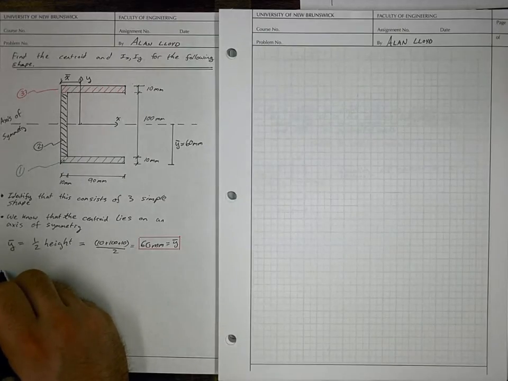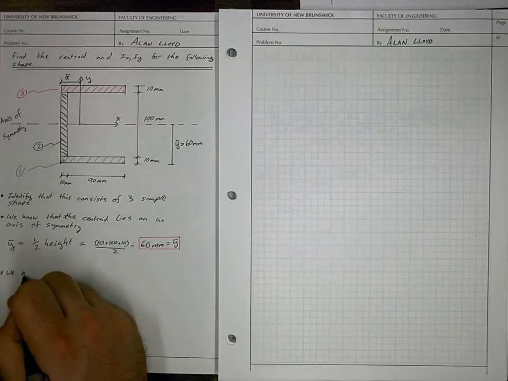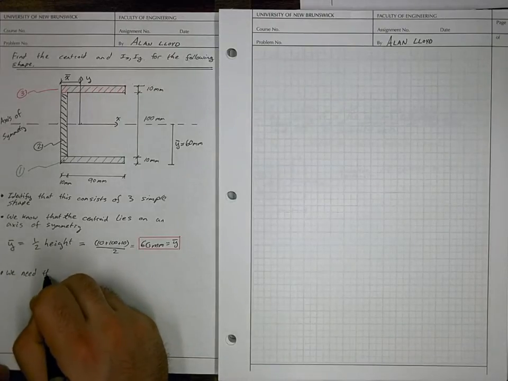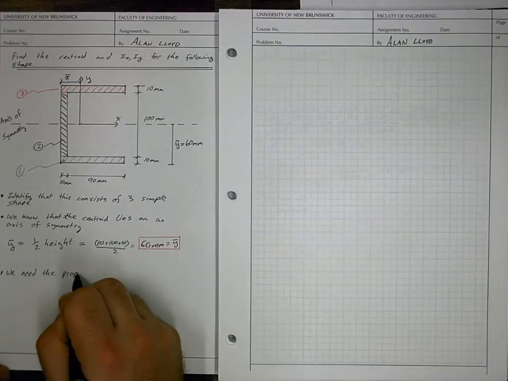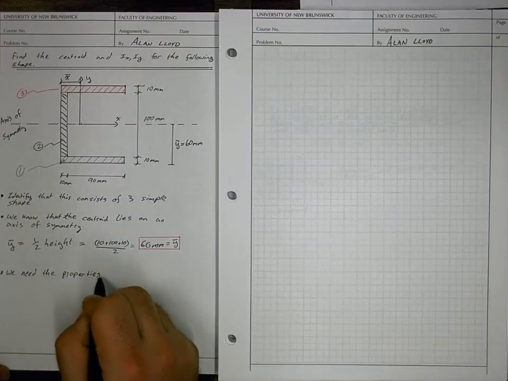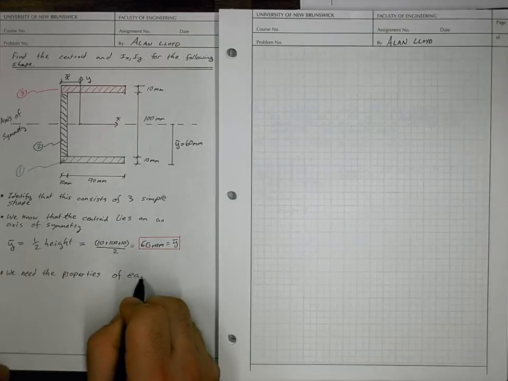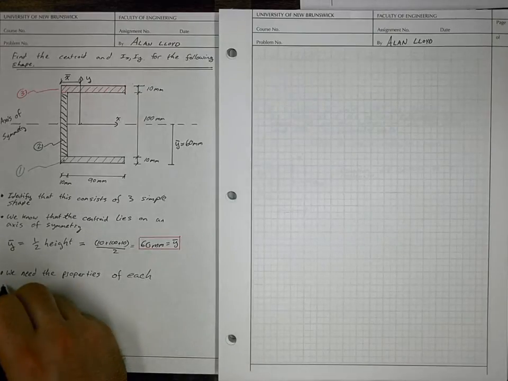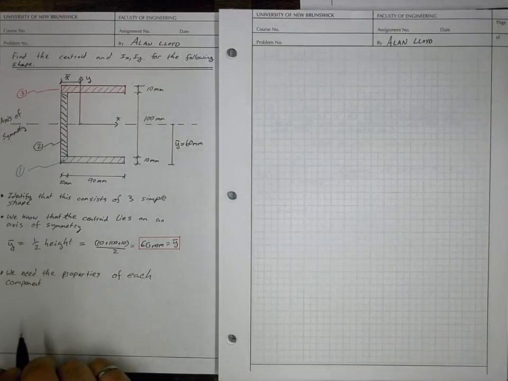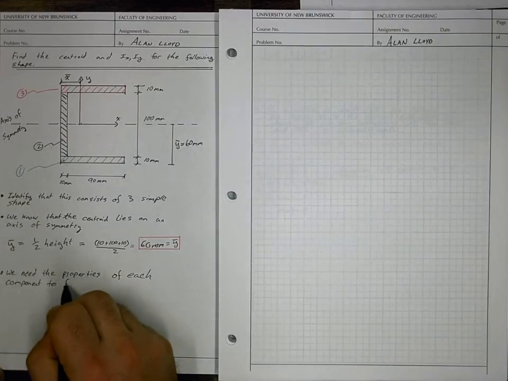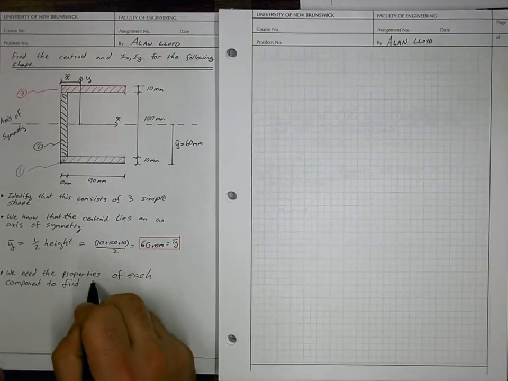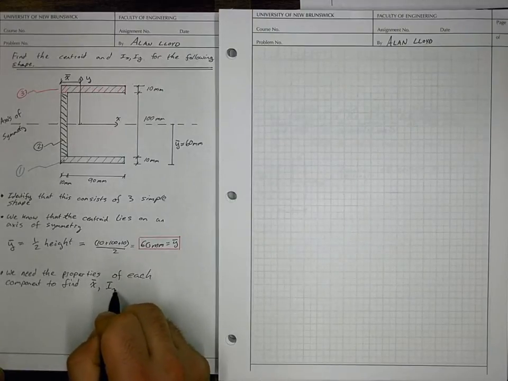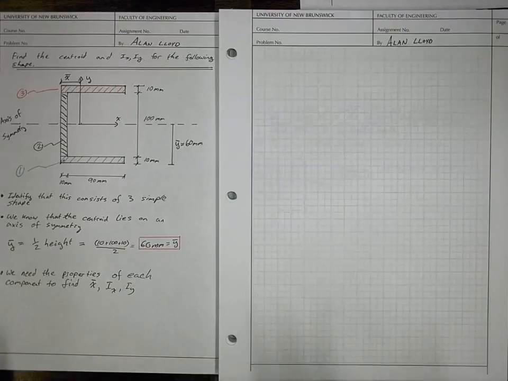Now the next step is we need the properties of each component, and this will allow us to find x bar, Ix, and Iy, the moments of inertia about the x and the y axes.